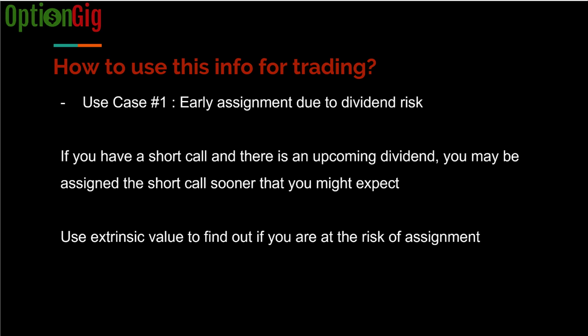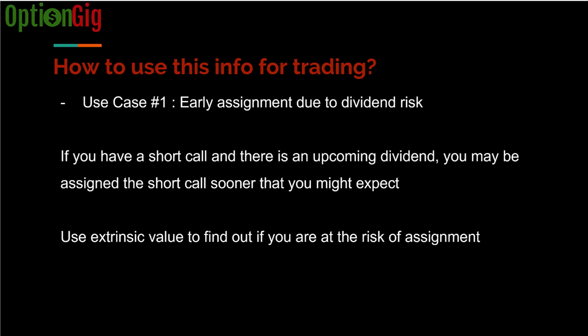But if that trader exercises his right to call the stock before expiration, what is he losing? That trader will be giving up all the extrinsic premium that is left in the trade, because he's closing the trade right now.